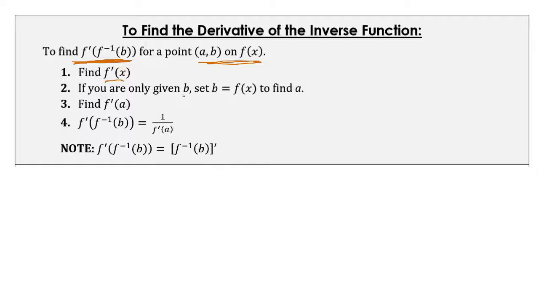If you're only given b, in other words, that's just your y value, then you can say b equals the function to find a. Find the derivative at a. And so notice what the rest of this is. It's just going to be 1 over f prime at a. So if you go these steps, that's fine, or we can continue with what we're already doing.